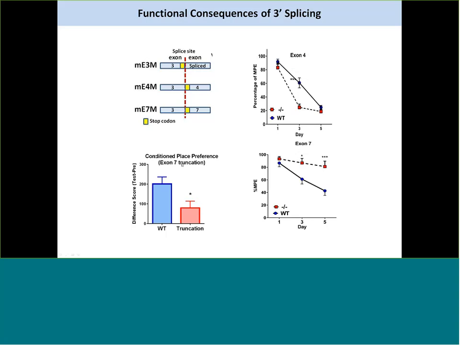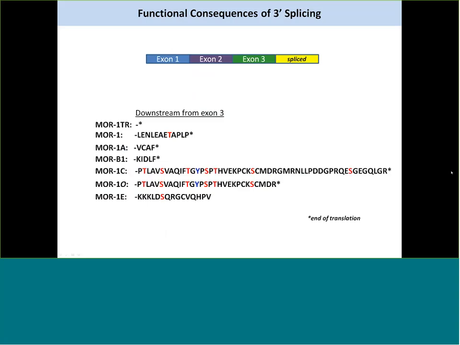Finally, if you take a look at CPP, you can see that the truncation has a significant drop in the liking score, the difference score for morphine, implying that exon 7 variants are important for reward behavior.